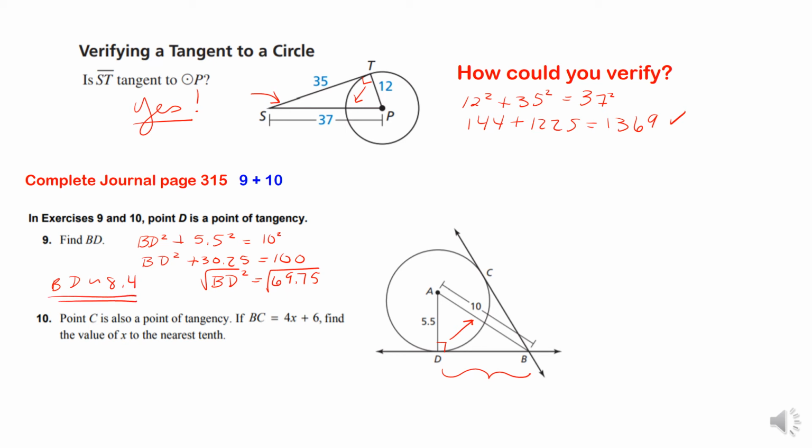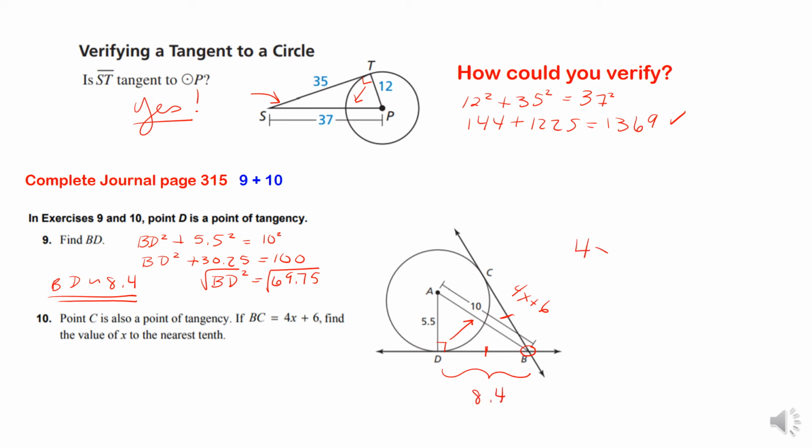Okay? Then it says point C is also a point of tangency, and if BC equals 4x plus 6, find the value of x to the nearest tenth. Well, we know that since they have the common external point, that these are going to be equal. And we already know that this is 8.4.